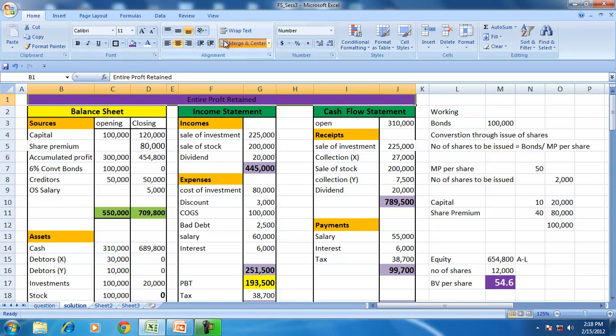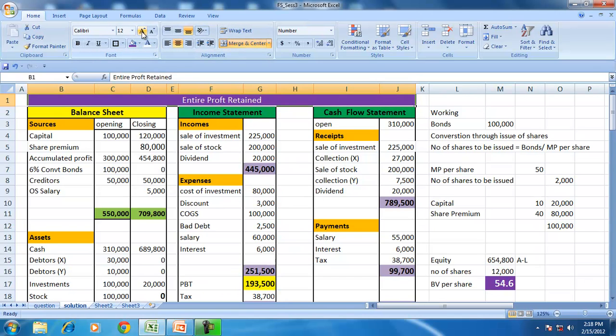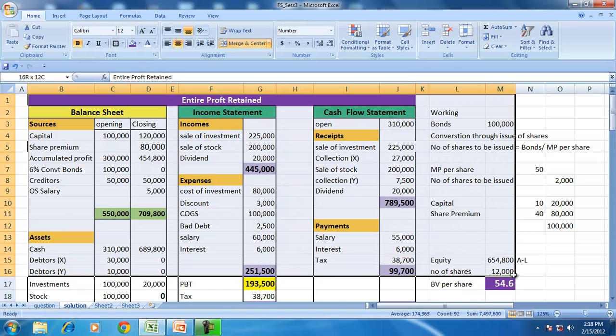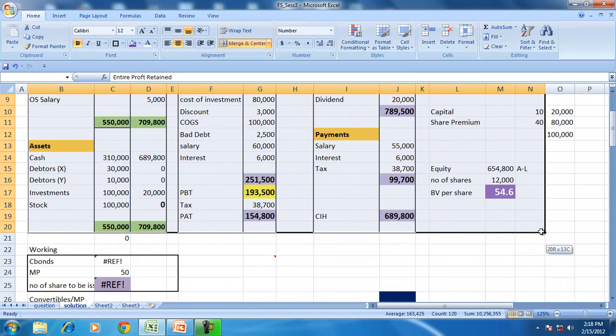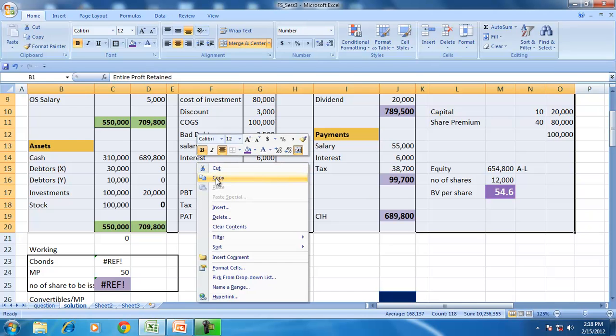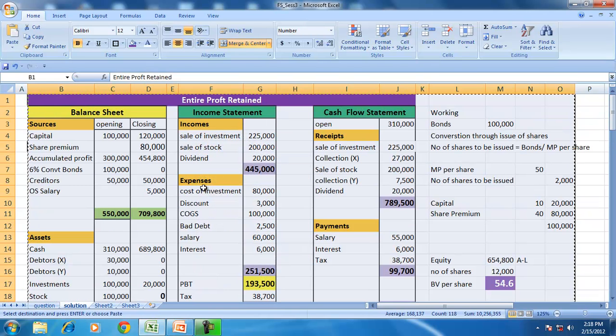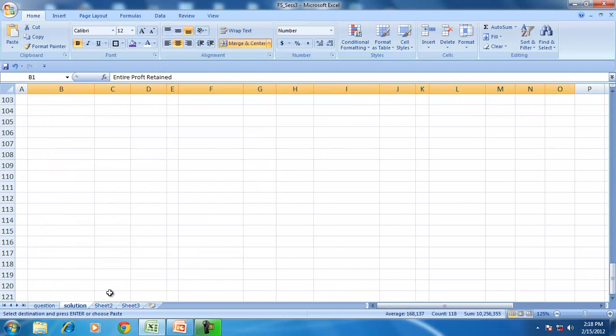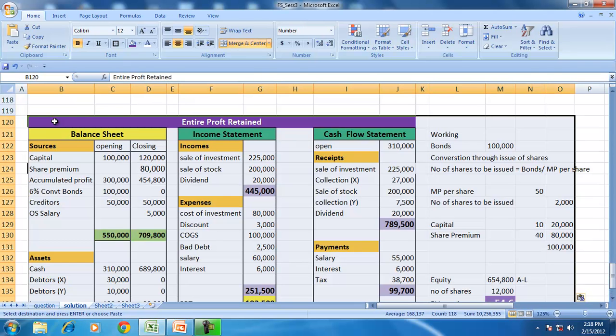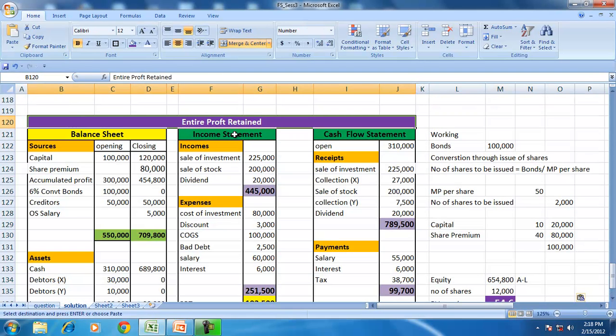This is what we assumed here: the entire profit has been retained. Now let us change that decision and say that the entire profit is not retained, but a dividend is distributed.